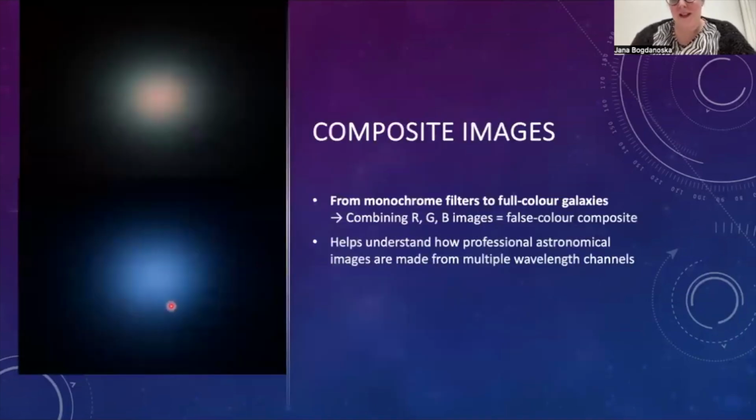Another, I would say, fun, entertaining thing, and also very enlightening, is to make the composite images. So take red, green, and blue channels, give them the actual red, green, and blue colors, put them together to get the beautiful images that are seen every day as these astronomical images.